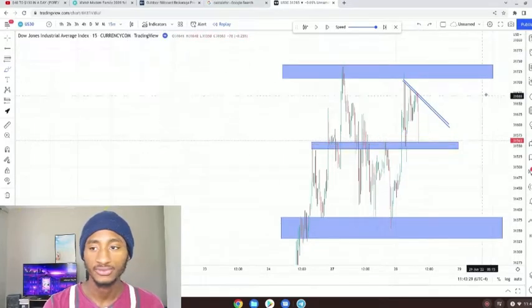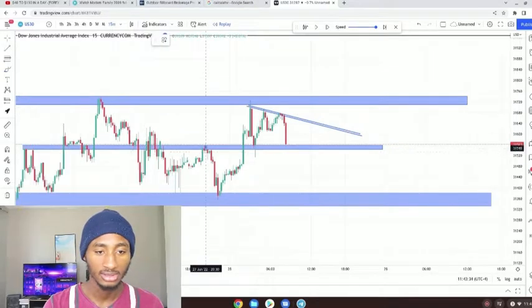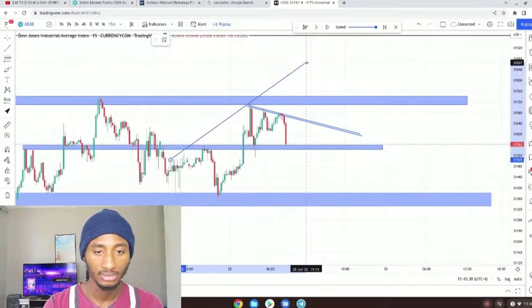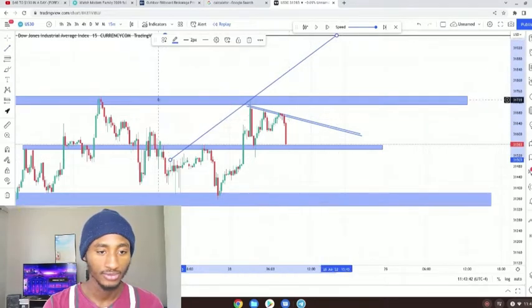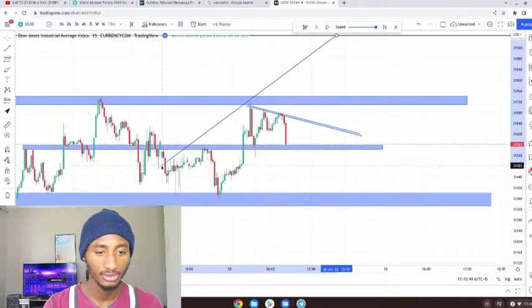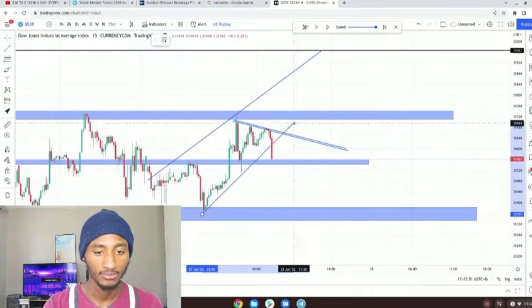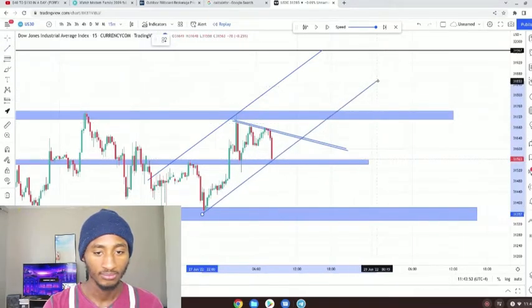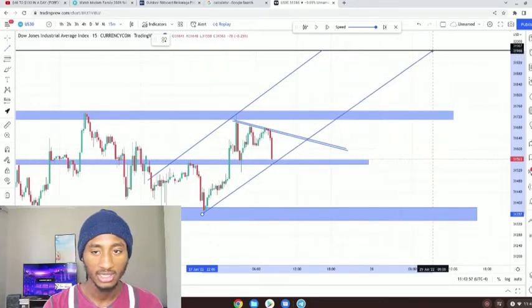Let's jump into the 15 minutes. Oh, there's a lot of beautiful. If markets respect that line, then we might see an uptrend.